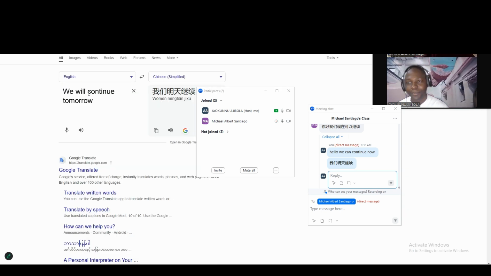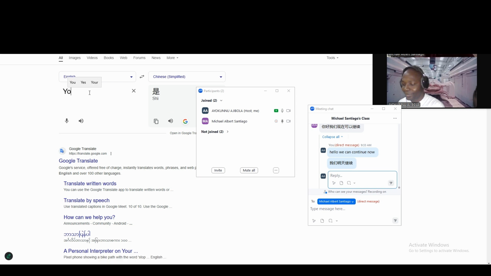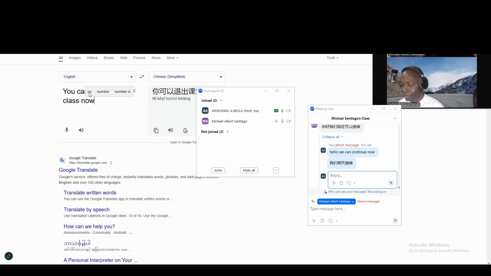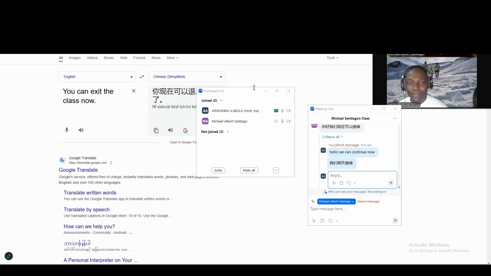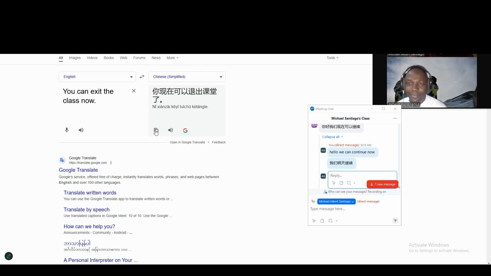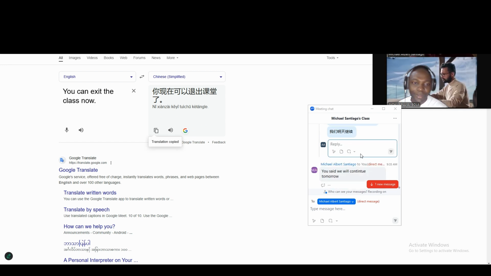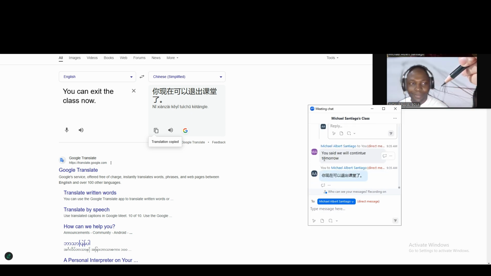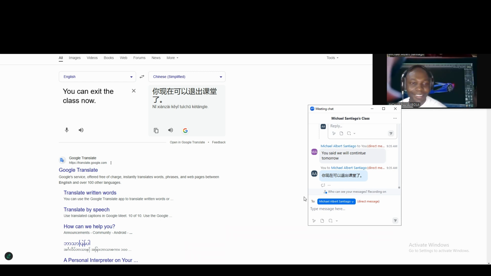English translation of Chinese. Yes, that's what I said, okay? You also know Chinese, or you're just translating it? This is Chinese simplified, okay?